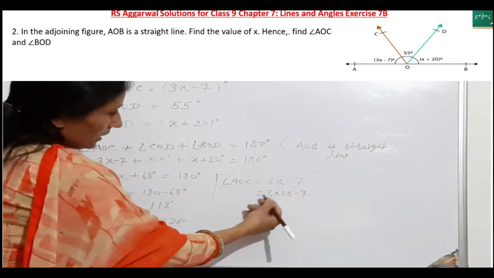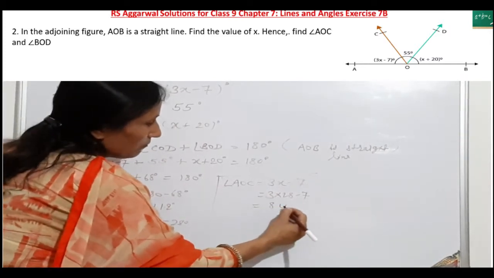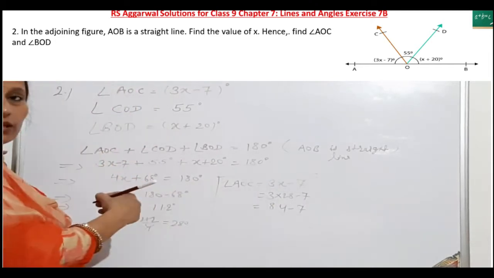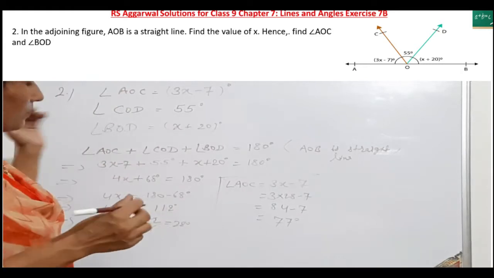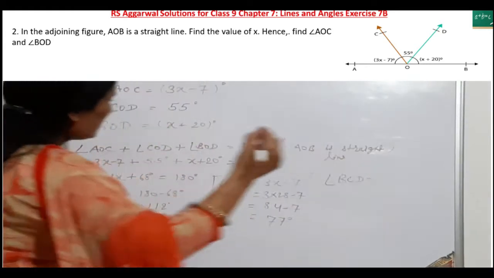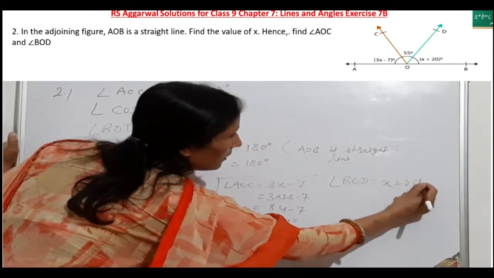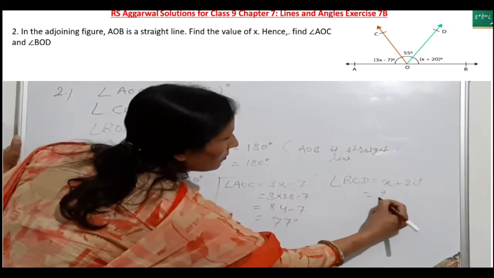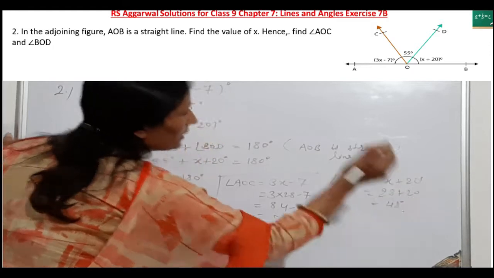Now 3 into 28: 3 eights are 24, and 3 twos are 6, so 84. 84 minus 7, so we will get here 77 degree. Now angle BOD. Angle BOD is equal to x plus 20. Now the value of x is 28. 28 plus 20 is equal to 48 degree.